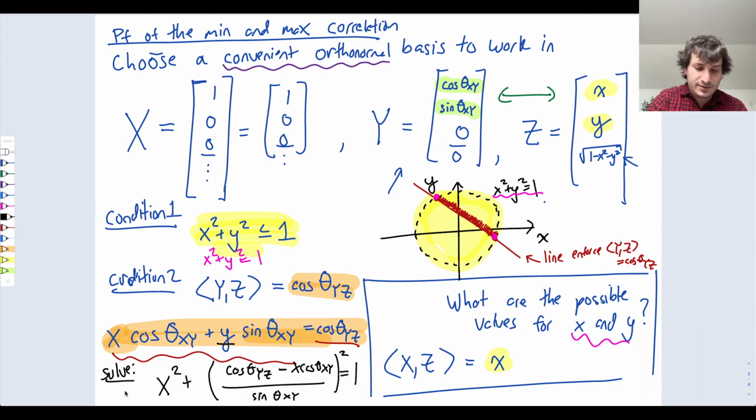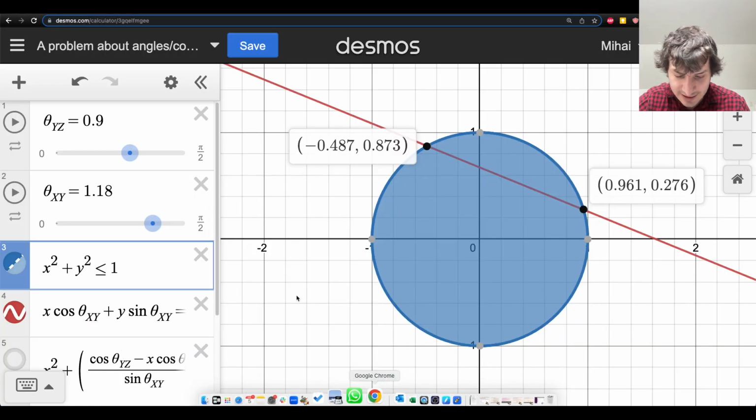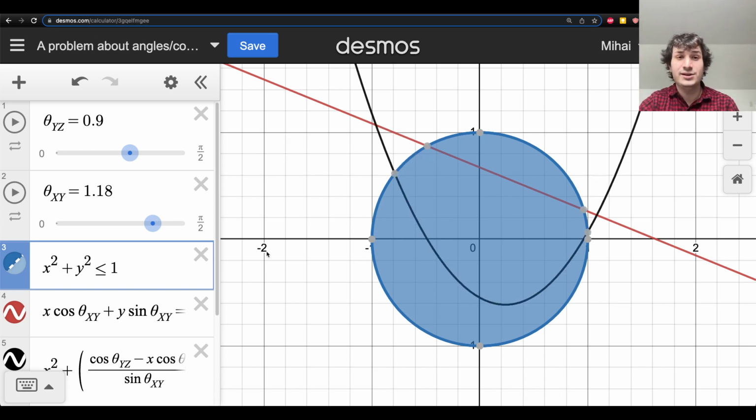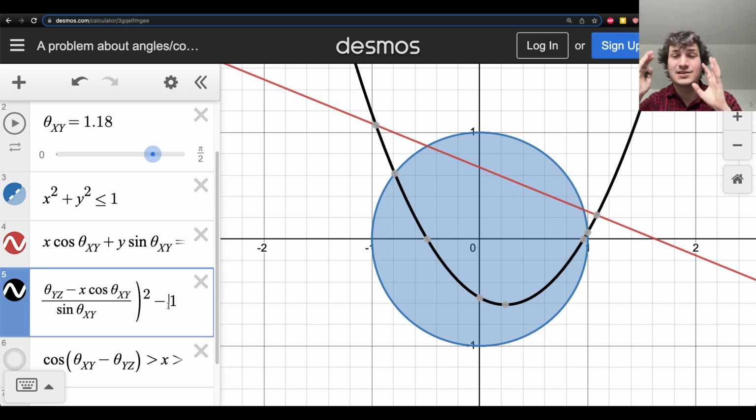If you take the second equation, use it to eliminate the variable y, and plug that into x squared plus y squared equals 1, you get this equation. This is a quadratic equation for the variable x. I've even plotted it over here in Desmos. Instead of saying equals 1, I moved the 1 to the other side as a minus 1.